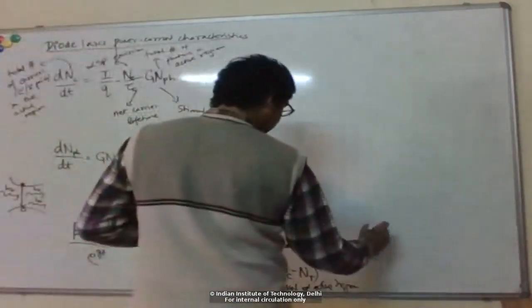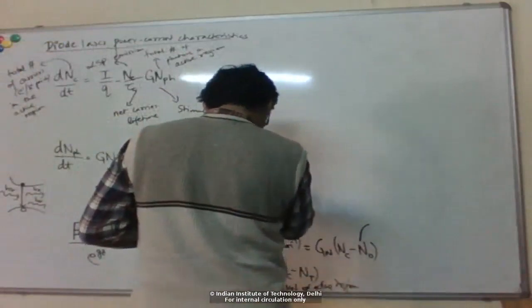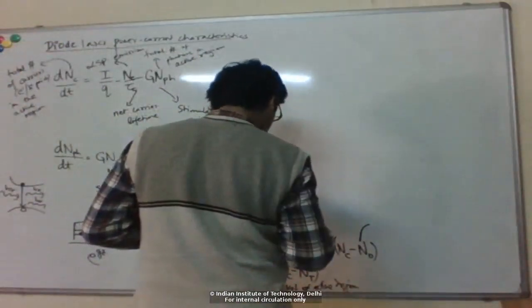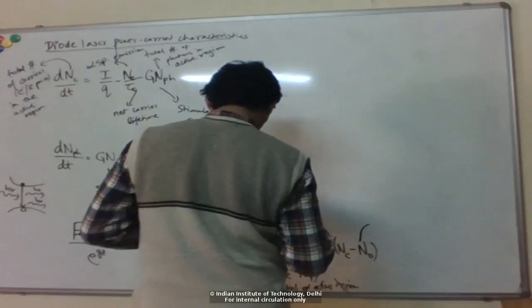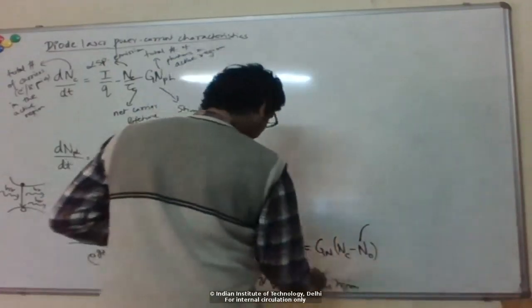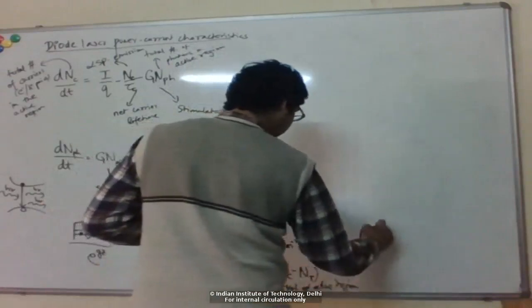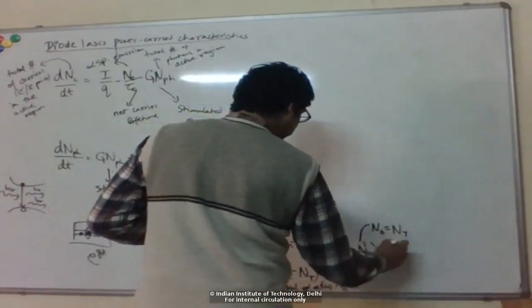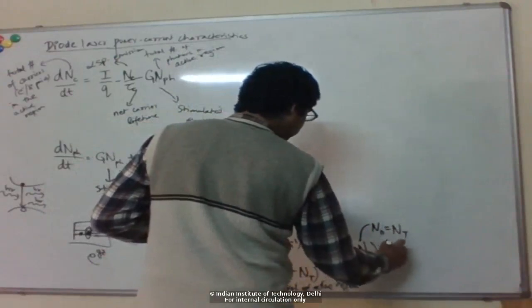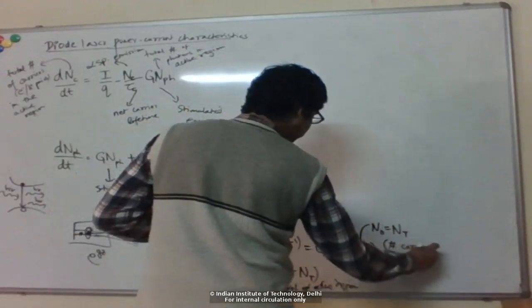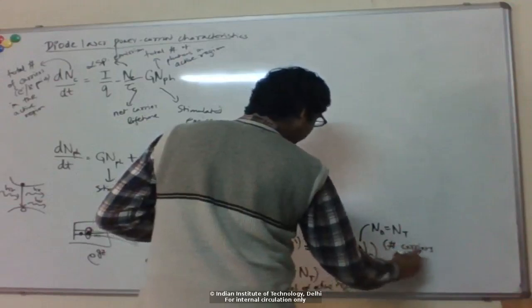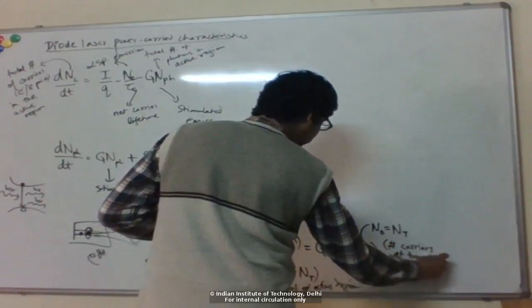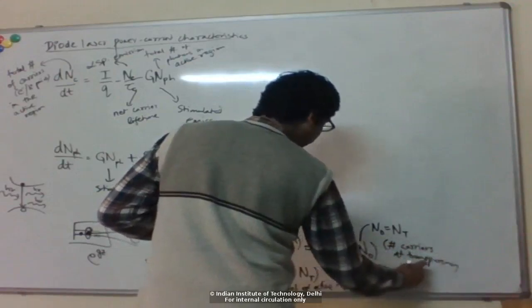This N naught is just NT, the number of carriers at transparency, when gain is 0.